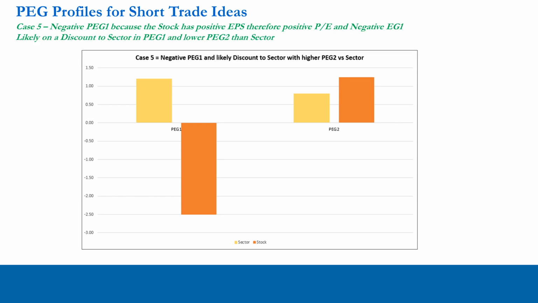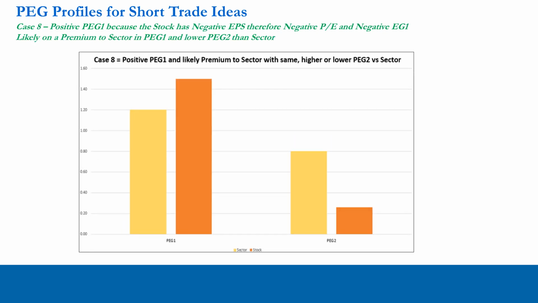When we think of PEG ratio for our next case, case number 8, what have we got here? Well, the numbers are just all over the place for PEG ratio, because we have a positive PEG in period 1 because of the double negative, because the stock has a negative EPS, because remember, we are a loss-making operation in case number 8. That's what we're looking at here, a company that has negative EPS.